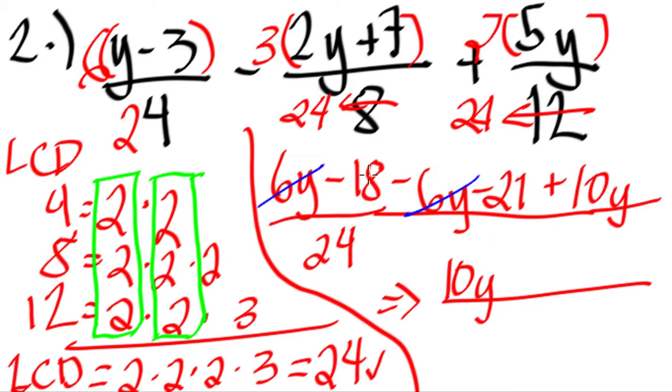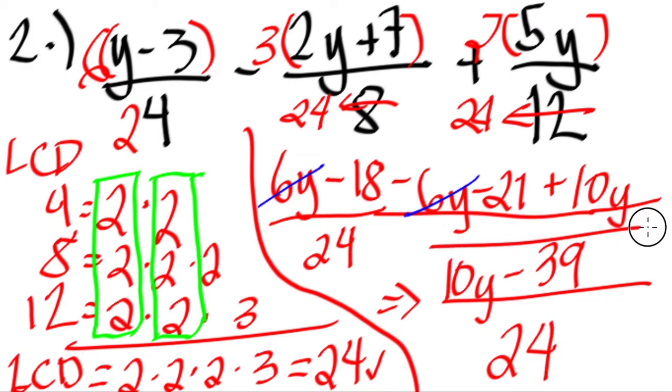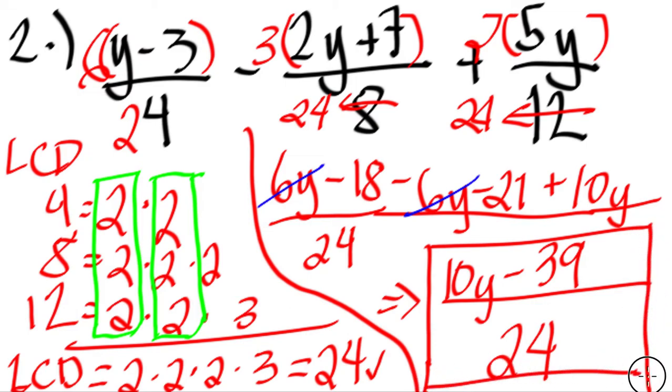So it's going to give us what? 39. Since they're both negative, we put the negative sign, negative 39, and then all over 24. And yep, that's our answer for the number 2 exercise. I hope you got the same answer also. That's our answer. So 10y minus 39 all over 24.